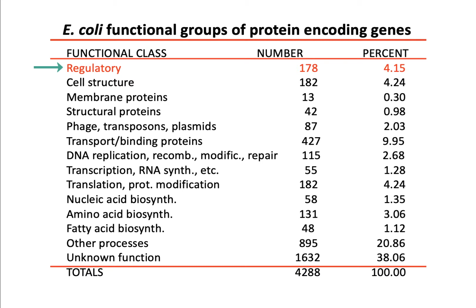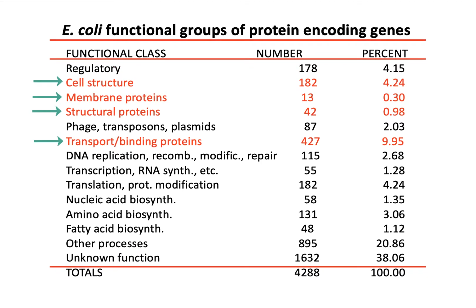About 16% of the genome consists of genes that produce proteins necessary for cell structure, membrane proteins, structural proteins, and transport and binding proteins. So these are really forming the structure and the communication within the cell and from within the cell to outside of the cell.